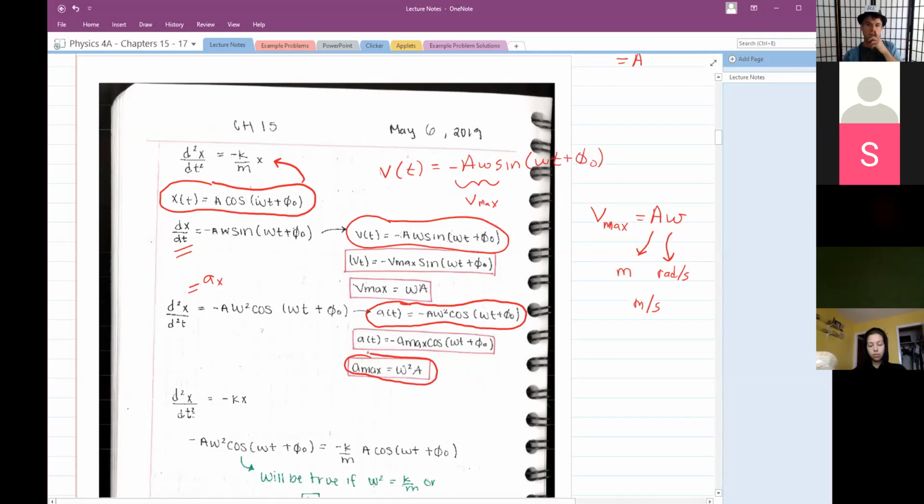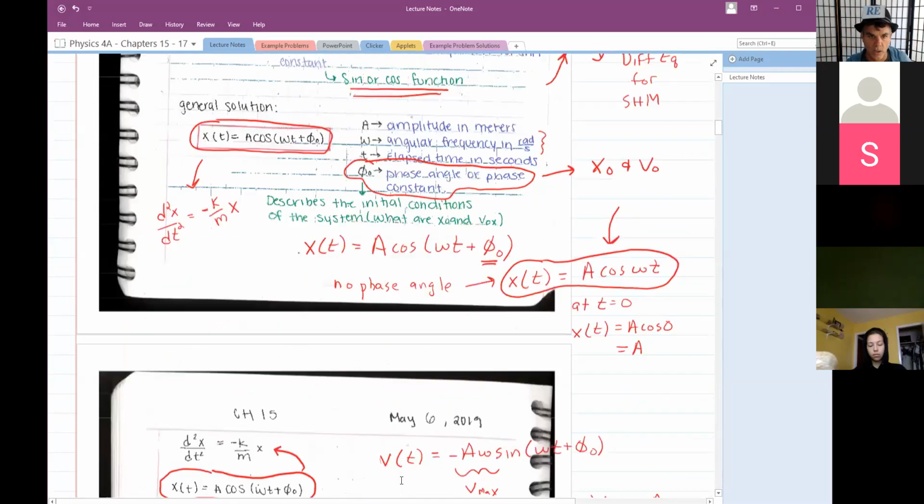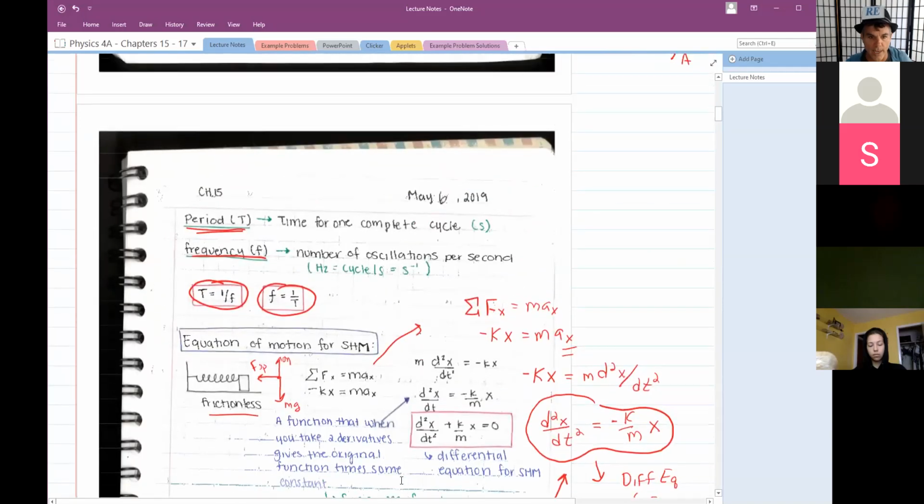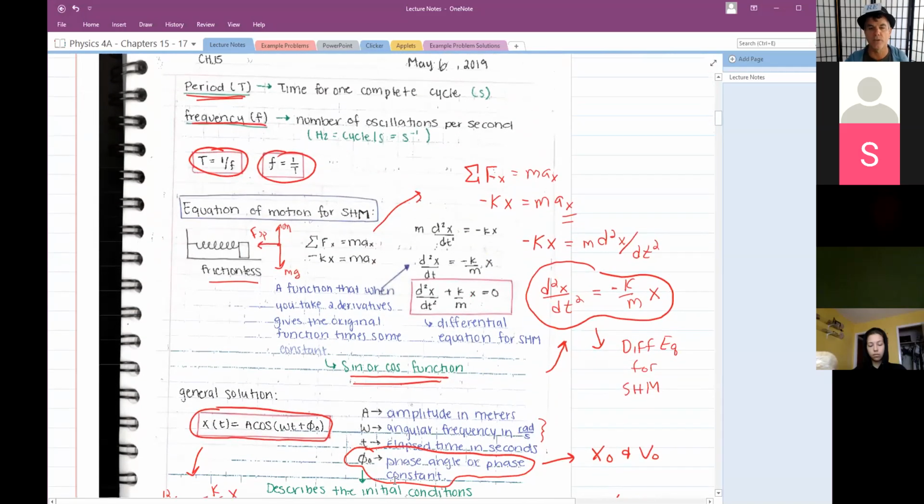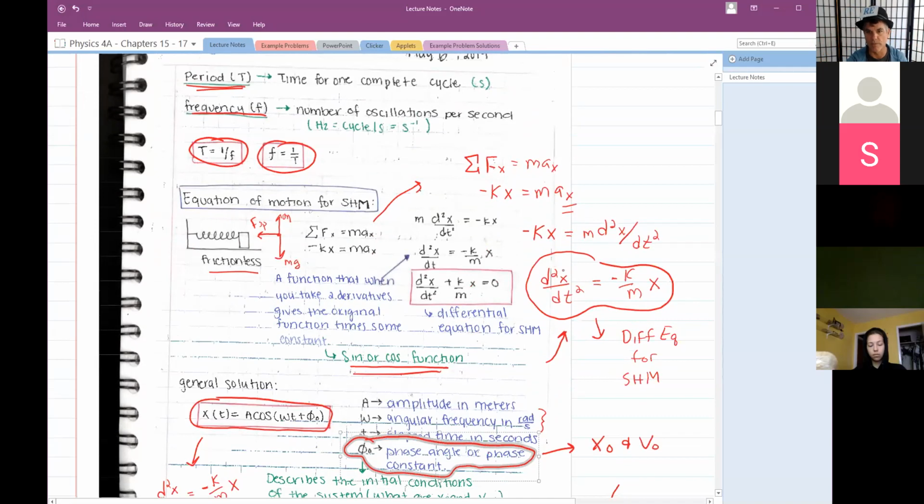So right now, just to summarize, we are looking at a system that can be described as the force being negative some constant times the displacement. From that, we basically get a differential equation. And the differential equation is the second derivative of x with respect to time is negative k over m times x.